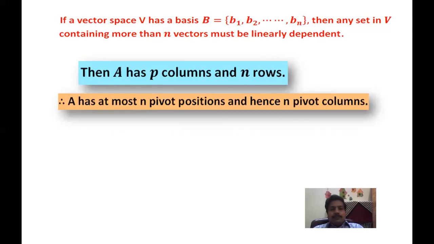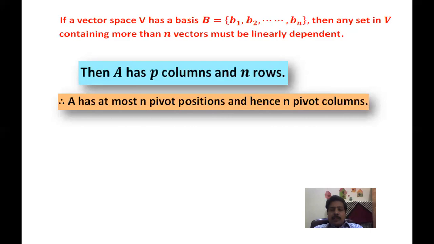Therefore A has at most n pivot positions and hence n pivot columns. It has a lesser number of rows, that is n. So each non-zero row contains a pivot, of course. There cannot be more than n pivot positions in matrix A, since there are only n rows.